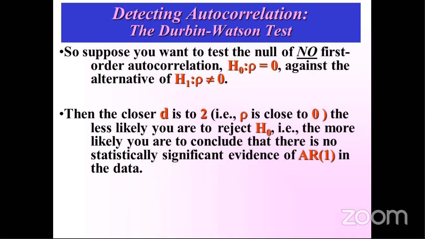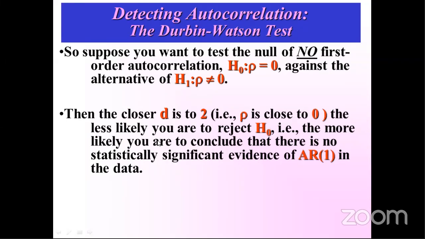Then, based on the calculated D value, that is the Durbin-Watson D statistic, if this statistic is closer to 2, when the rho is close to 0, when your estimated rho value is close to 0, then your D value is closer to 2.